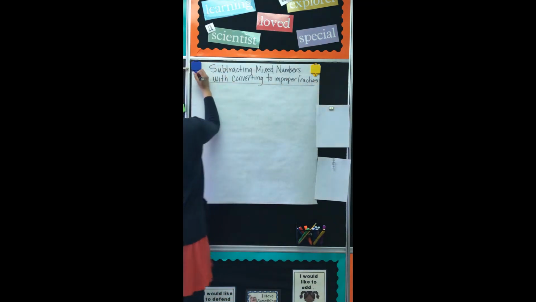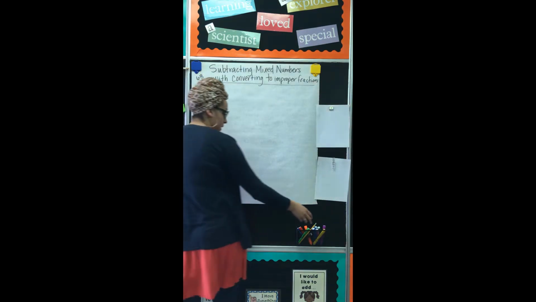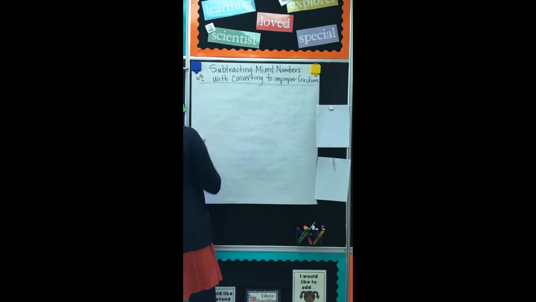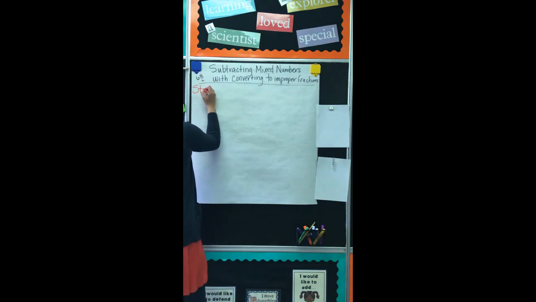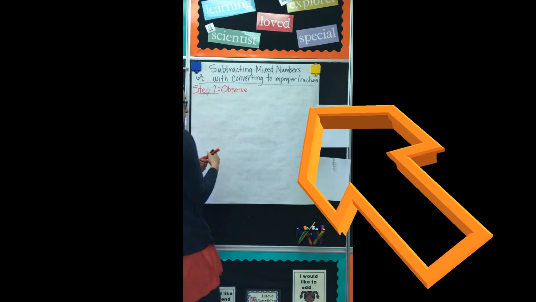Again, this is going to be on the left side of page 68. So our very first step is we are going to observe our problem. That's always the first step when we have a fraction problem, is to observe, so we can think about all the things that we notice.